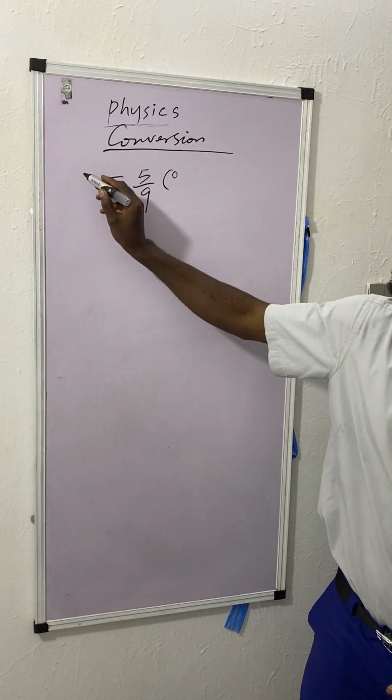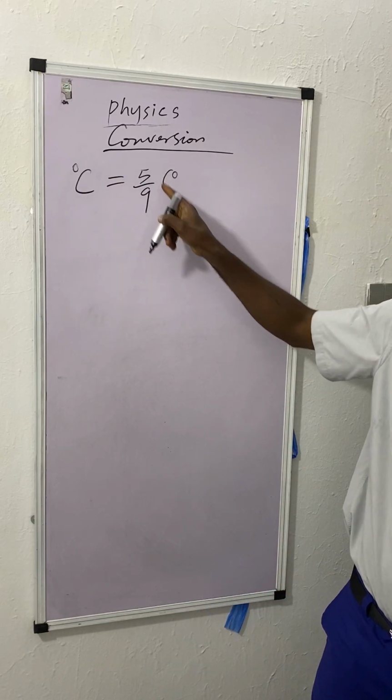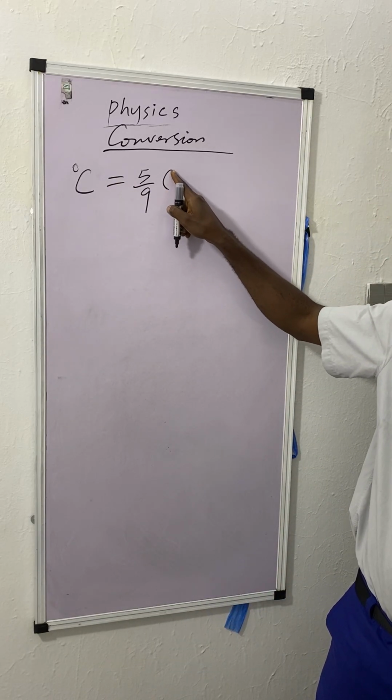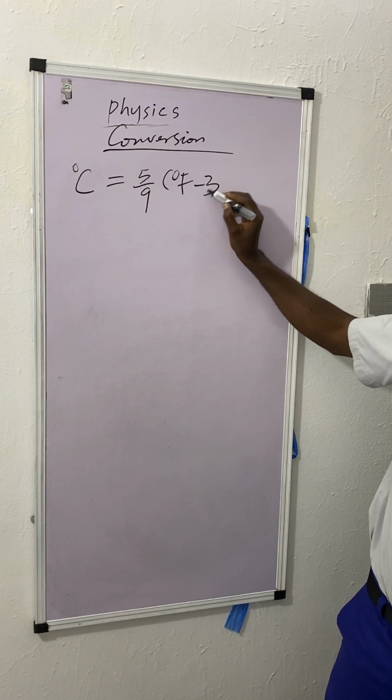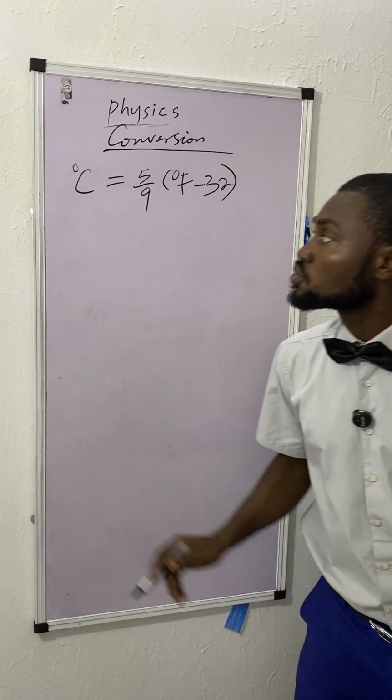Sorry, let's do degree Celsius first. So degree Celsius is equal to 5/9 bracket open degree Fahrenheit minus 32 bracket close. So this is the formula.